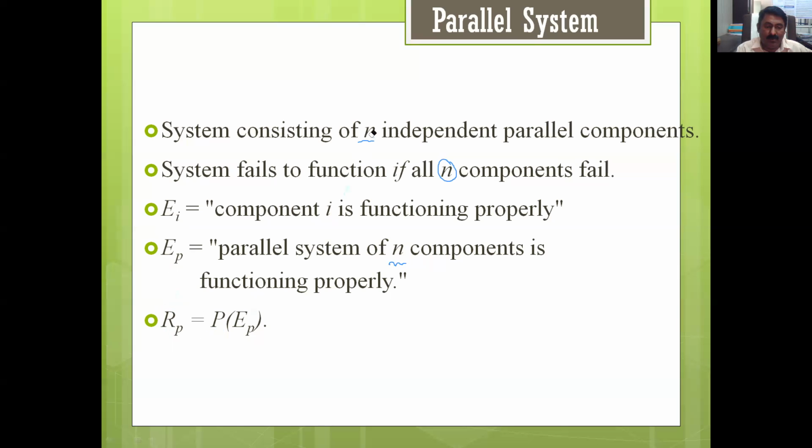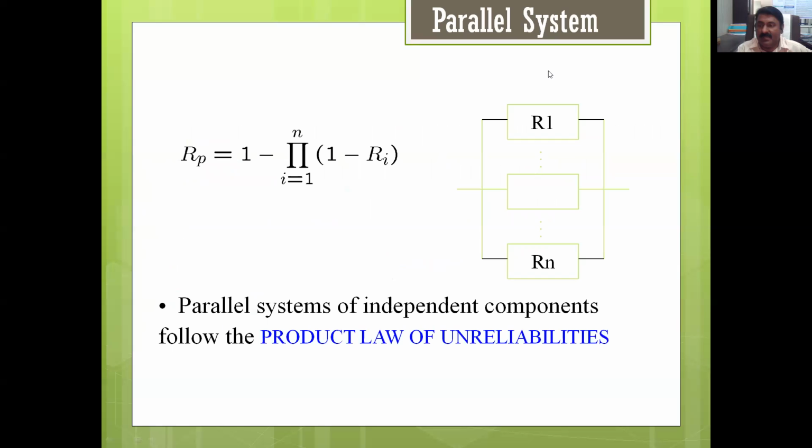Now let us see how to calculate this R_P, the reliability of the parallel system. Some of the things we discussed last time, so let us have some revision. We considered one example also. R_P is equal to 1 minus the product of (1 minus R_i), where i may be 1, 2, 3.